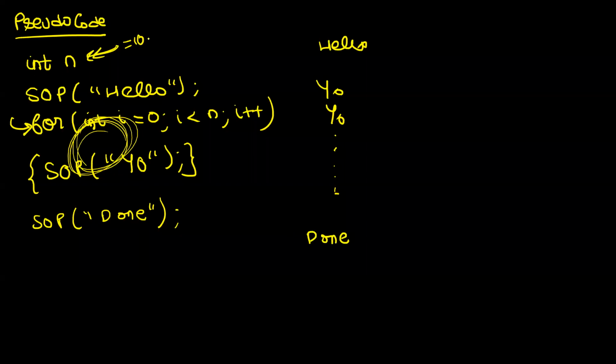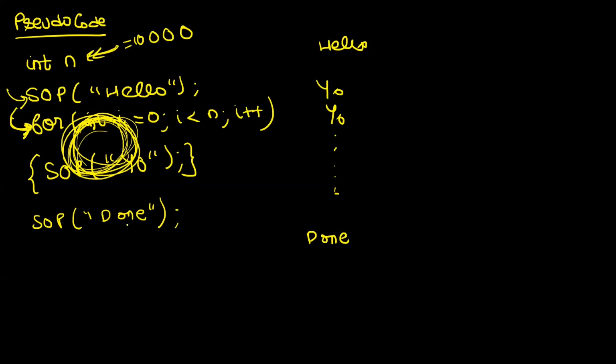Now, let's say I increase the value of n to 10,000. First of all, I print hello, then I will enter inside the loop. Think of it like you will get trapped inside this loop. This loop will run n times, right? So you will run this loop for 10,000 times and you will print yo for 10,000 times. Then you come outside the loop and you print done.